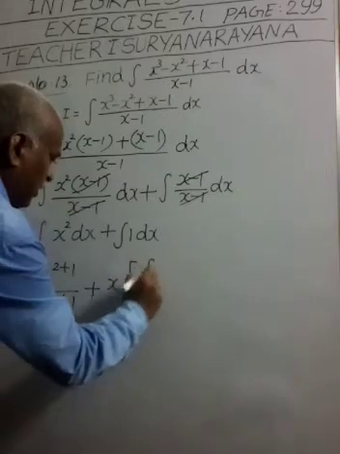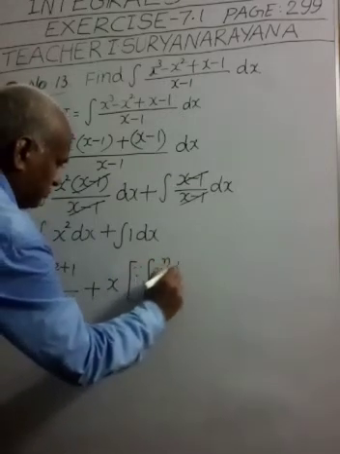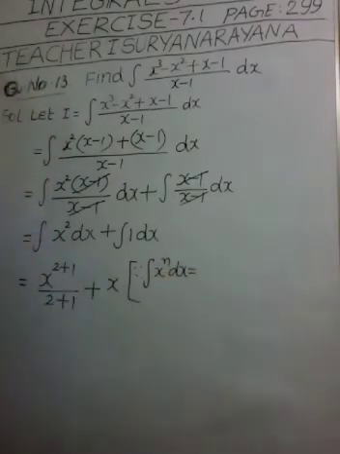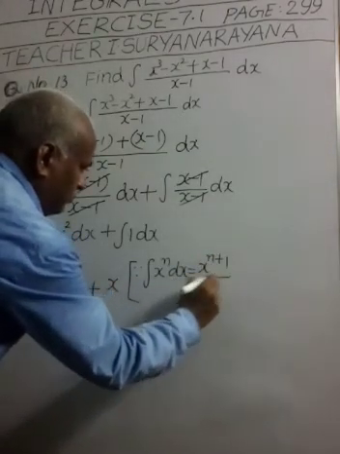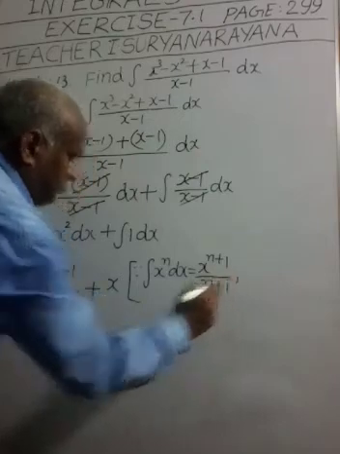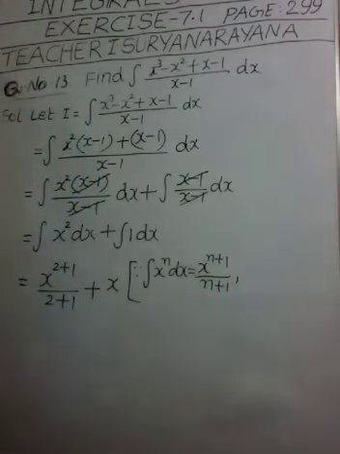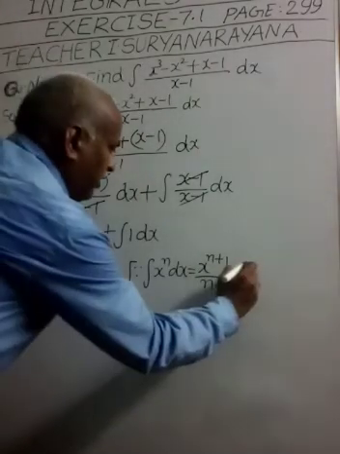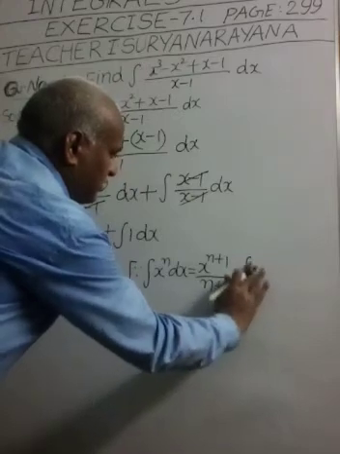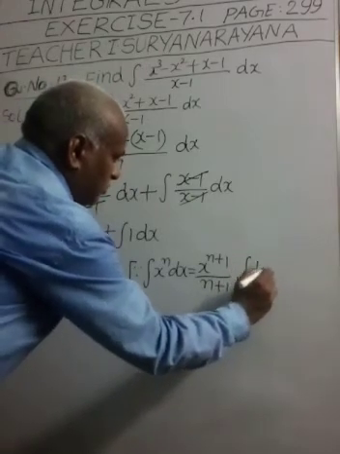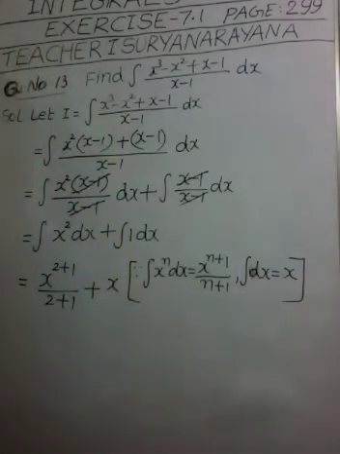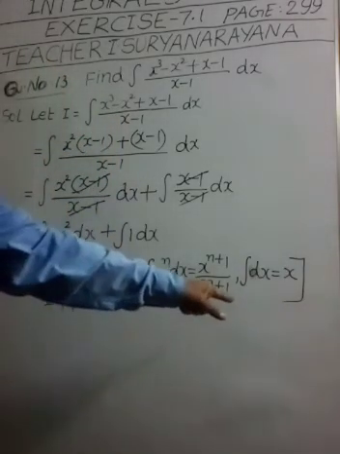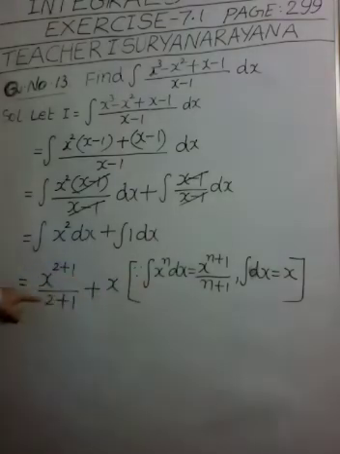Integral x to the power of n dx is equal to x to the power of n plus 1 by n plus 1, and integral dx is equal to x. By using these two integral formulas, we wrote this step. Understood this step, my children?